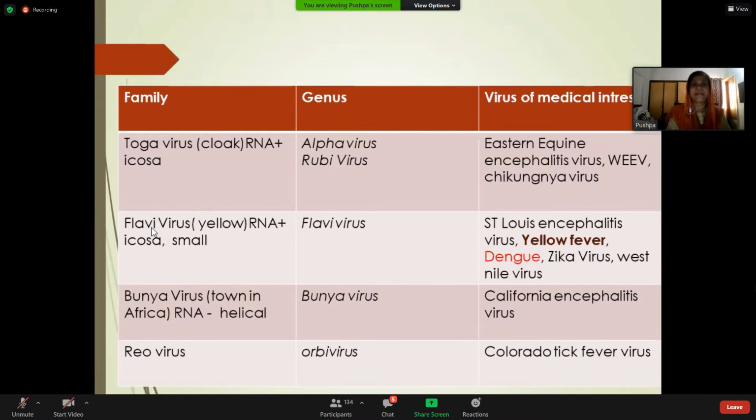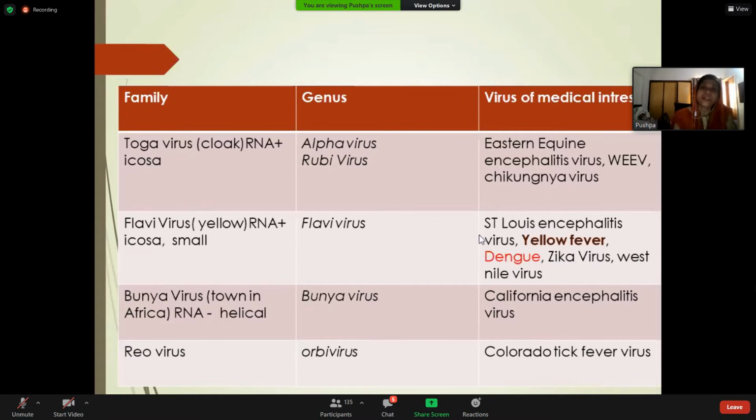Others are flaviviruses. It includes St. Louis encephalitis virus, yellow fever, dengue, Zika virus, and West Nile viruses. Then there is the bunyavirus, and this causes California encephalitis virus and other diseases.